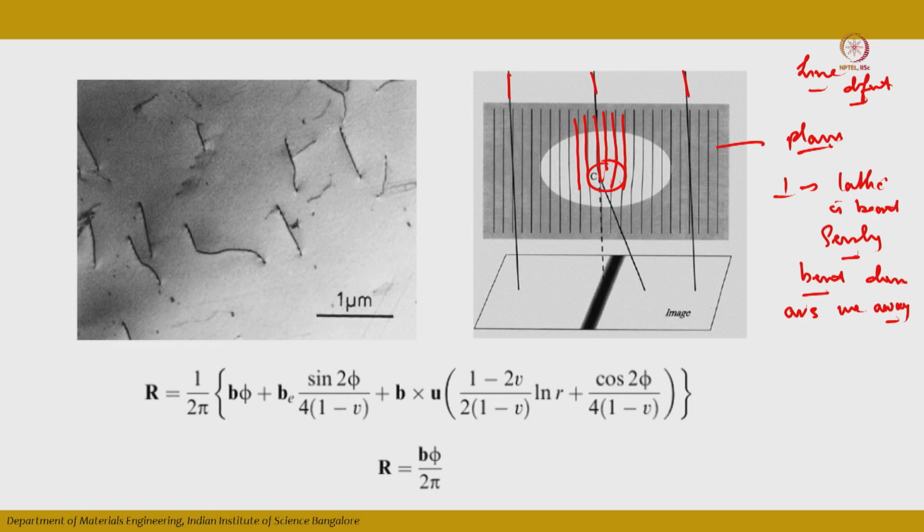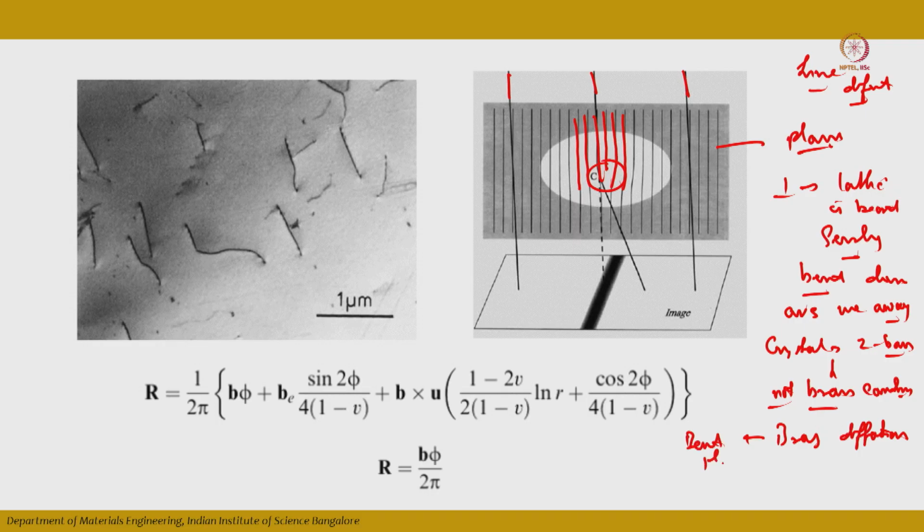Okay. So, if you orient your crystal near a 2 beam condition, but not in the Bragg condition, then it is possible that the incident beam, due to the bent nature of the planes near the dislocation, gets Bragg diffracted.